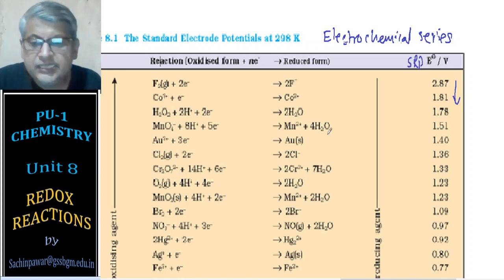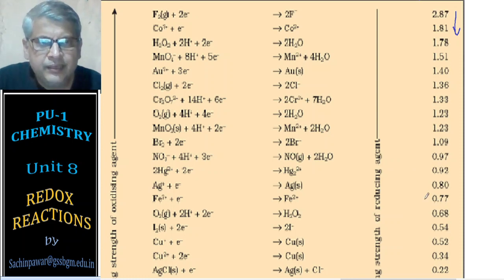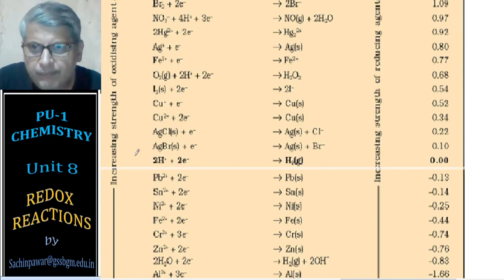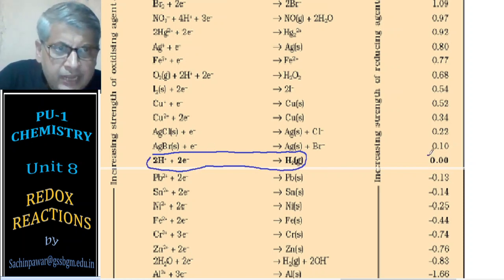And from this data, we will come to know a very interesting point. Here you will see we have seen some displacement reactions. Just concentrate on the hydrogen. This is the hydrogen electrode, a redox couple. Its potential is arbitrarily taken as 0 volts.